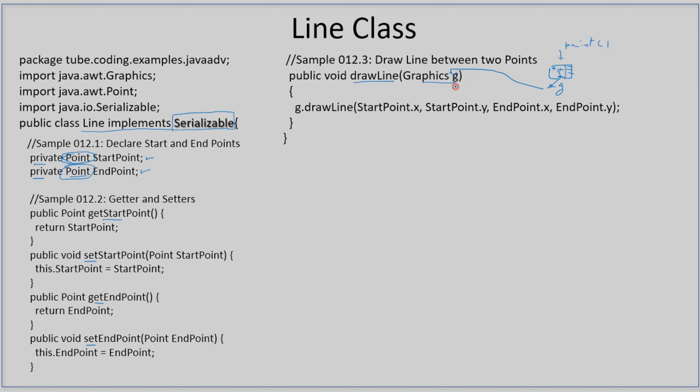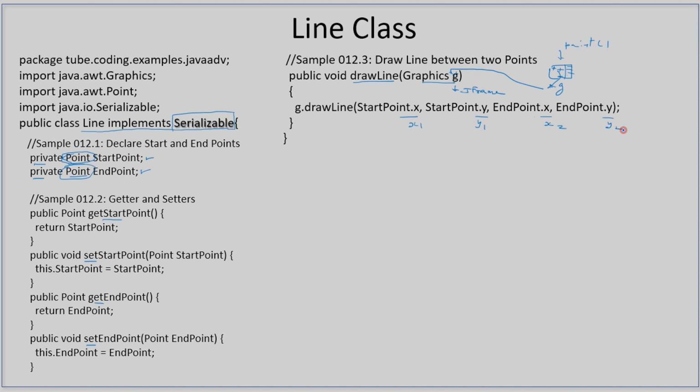The graphics object, whatever you see, belongs to a JFrame. But the line class takes the responsibility of using its internal members: start point x and y coordinate, end point x and y coordinate. So we have x1, y1, x2, y2.